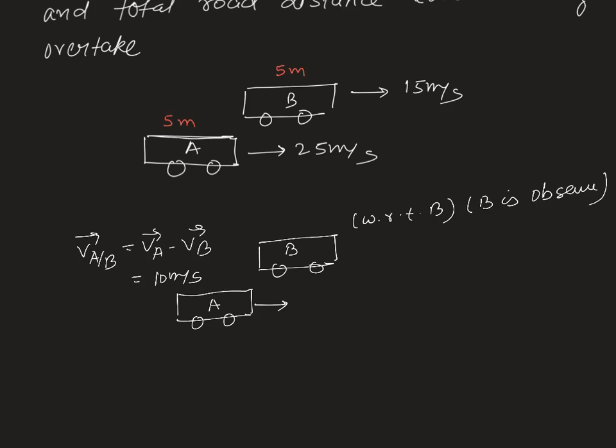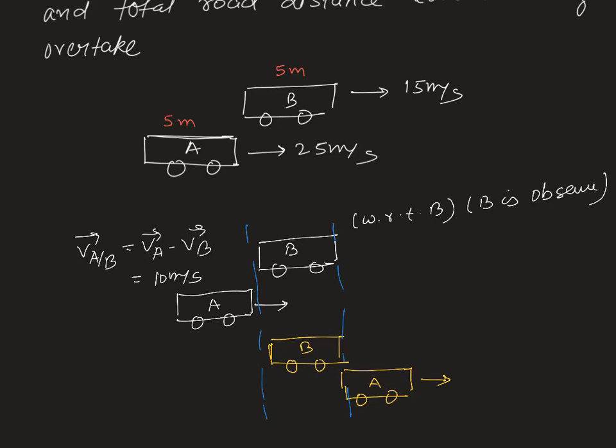Now when we have taken B to be at rest, B will remain at rest because B is the reference frame, B is the observer, as you like to call it. This is B, and A moves ahead. Now the question is, how much distance does A cover in moving ahead?